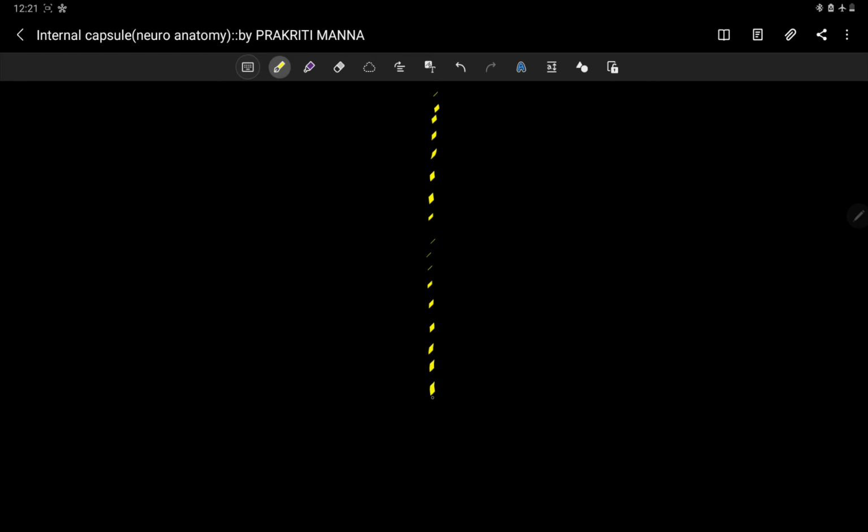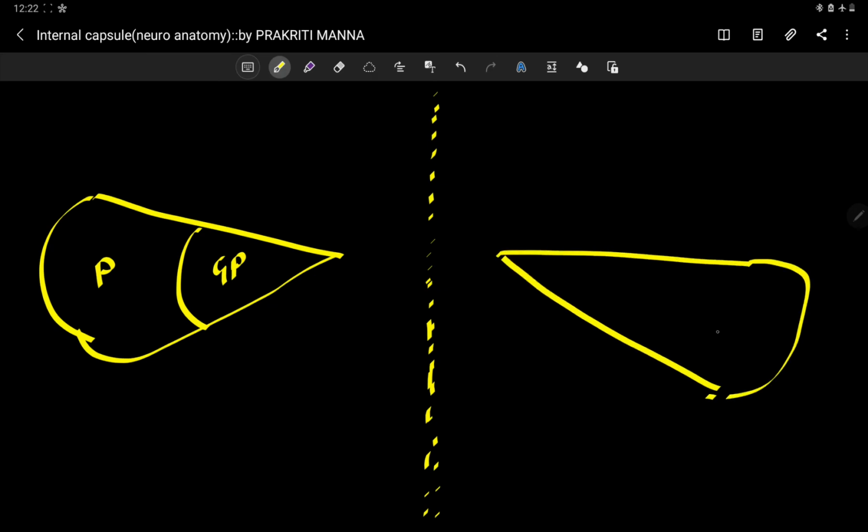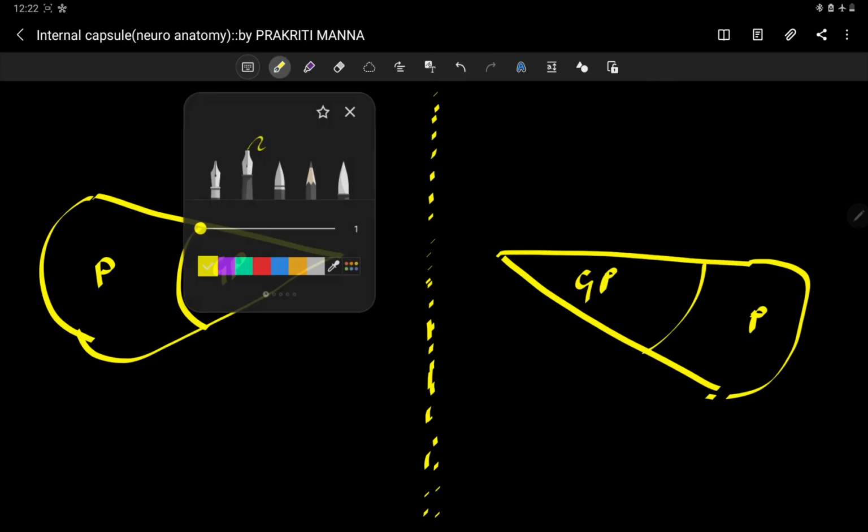This is your midline. This is your lentiform nucleus. The innermost portion is globus pallidus and the outermost portion is putamen. Same thing on this side also: this is globus pallidus and this is putamen of the lentiform nucleus.